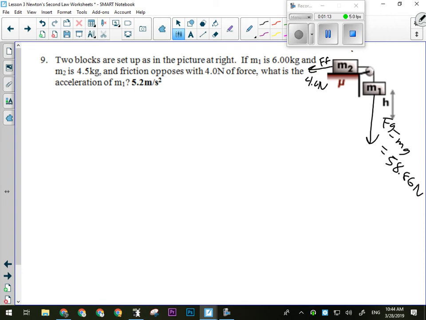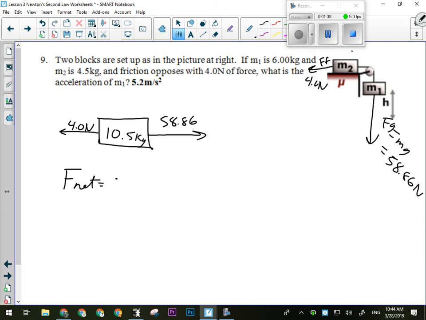Now that we have that, I simplify my free body diagram. This system has a mass of 10.5 kilograms. It is being pulled this way by 58.86 newtons of force, and it is being resisted this way by only 4 newtons of force, so I can calculate the net force right away. F net will be 58.86 minus 4, which will be 54.86 newtons. There's my net force acting on the system.